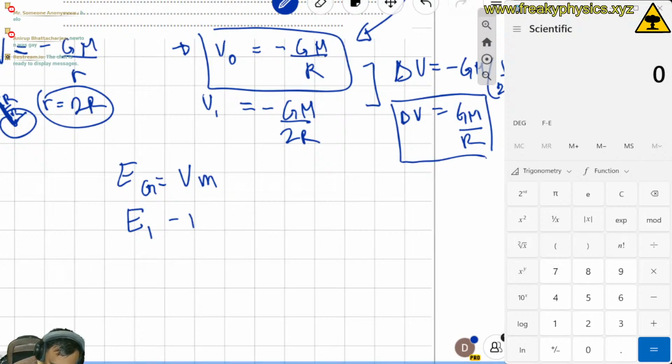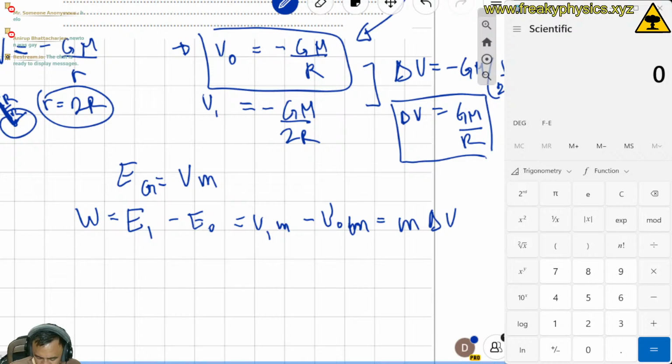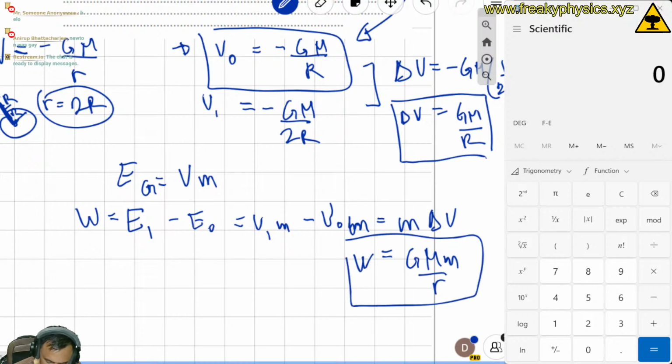That's going to be our work done, and that's V1M minus V0M. If we factor out the M, it's M times delta V. And we do have an expression for delta V already. So that's just equal to G big M small m over R. So the work done is equal to that, and that is done. What is our R here? Big R.